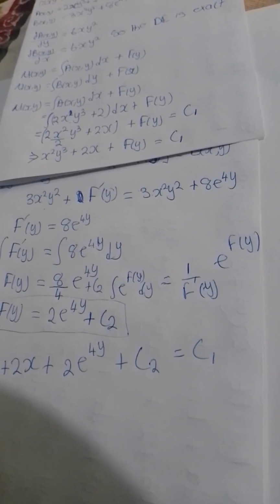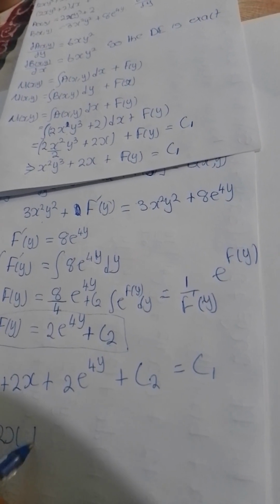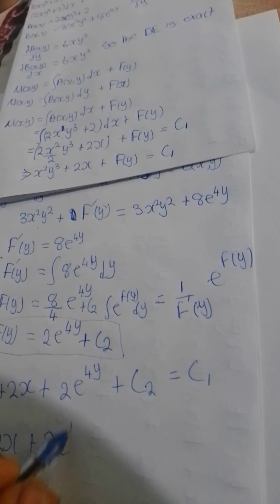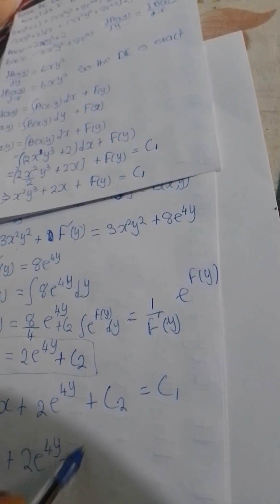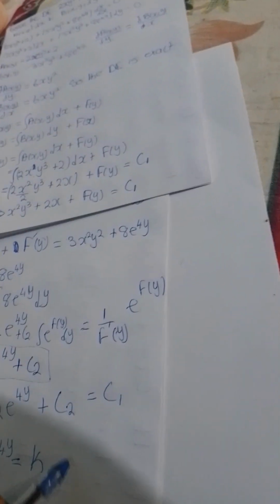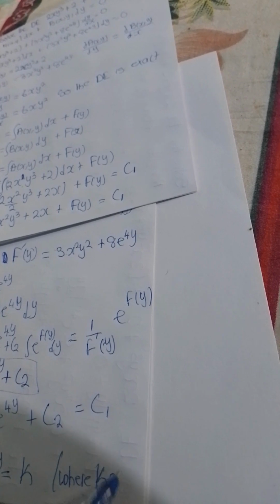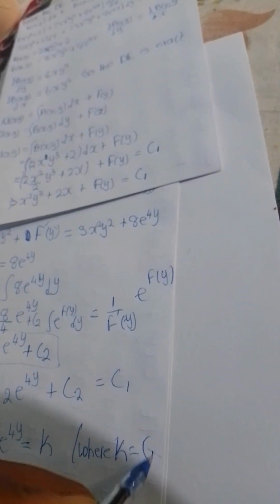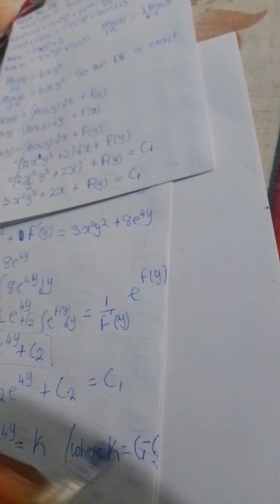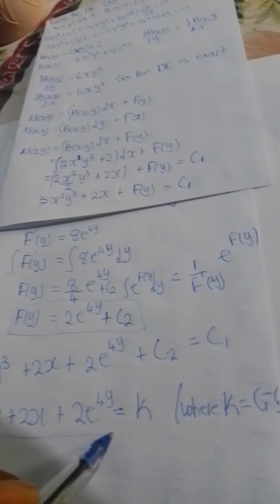So basically I obtain x squared y cubed plus 2x plus 2 exponential to the 4y to be equal to a constant, let me say capital K, where K is equal to c1 minus c2. So this is the general solution for our differential equation.